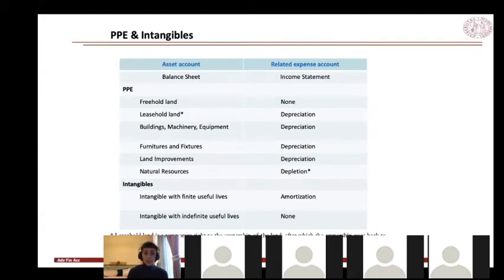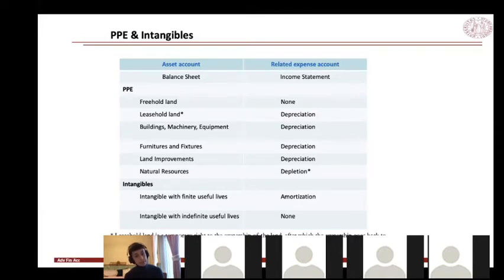So in this table, you have the asset account and the related expense account. The asset is always placed in the balance sheet. In the income statement, you will find its related expense.